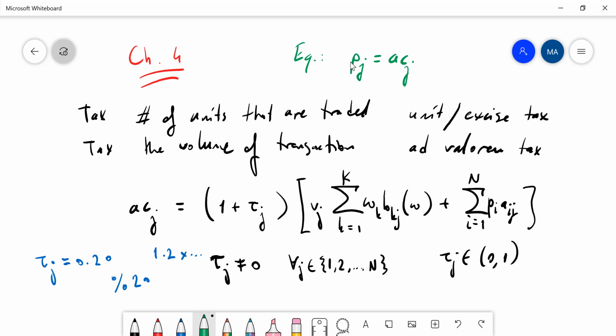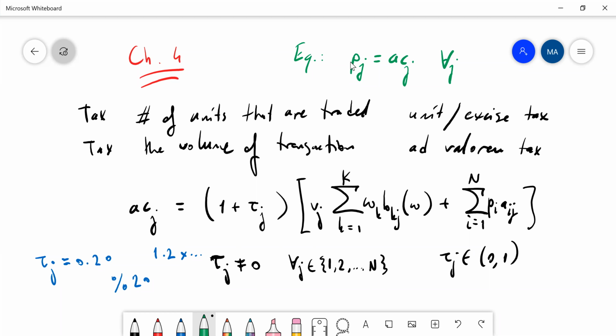Don't forget that. This must still be true for all firms, right? But now tax rates are exogenous, and in fact, be careful, tax rates can differ across firms. So the government has the freedom to tax different firms at different rates.